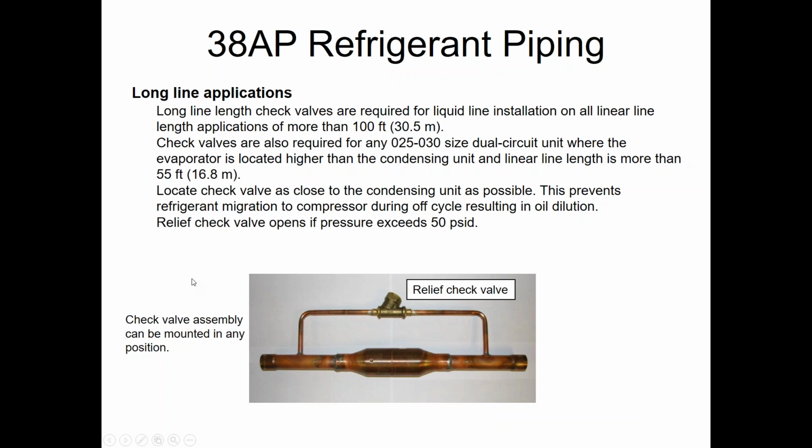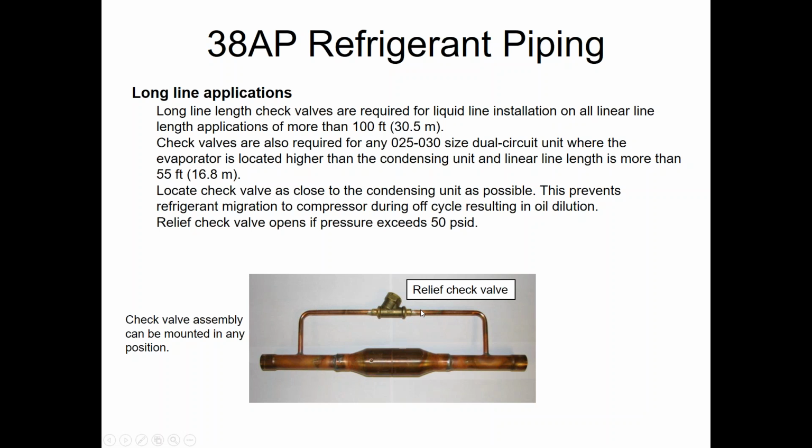What it is, is an anti-migration device. It prevents refrigerant from migrating back to the compressor during the off cycle, and obviously dilutes the oil, all kinds of bad things. So flow on this one would be, in this case, right to left.